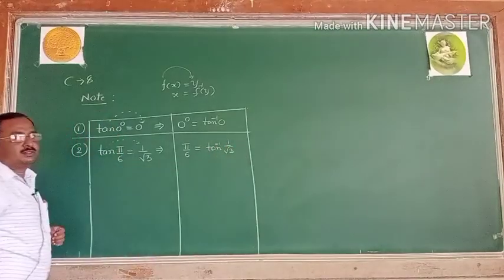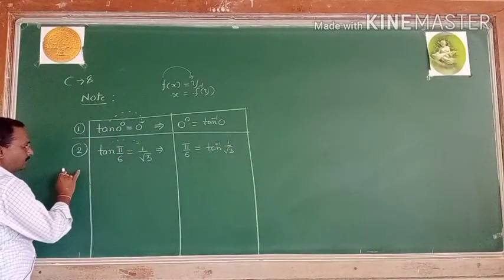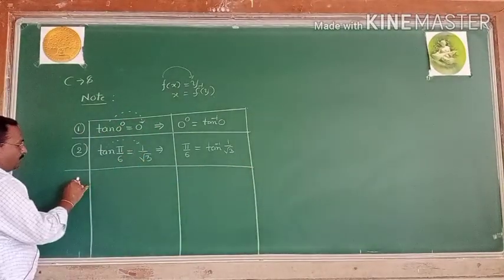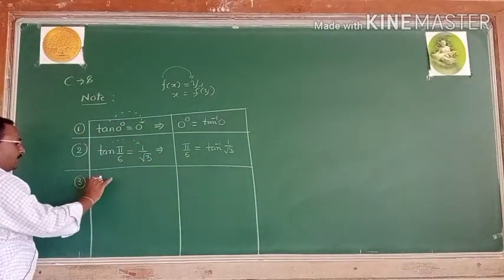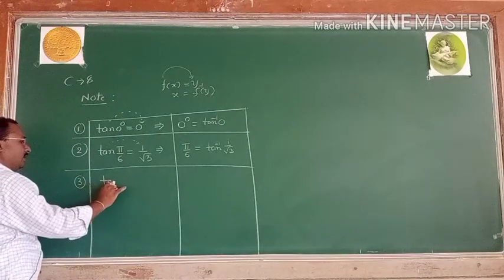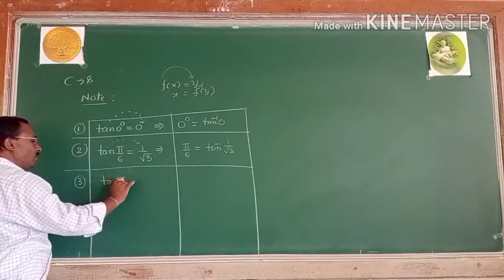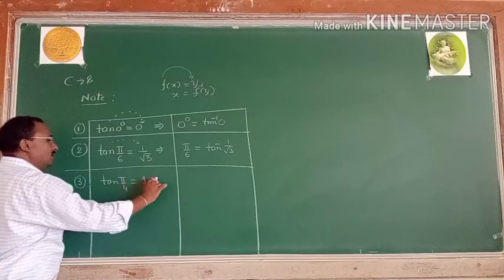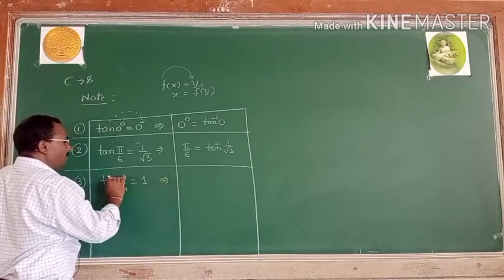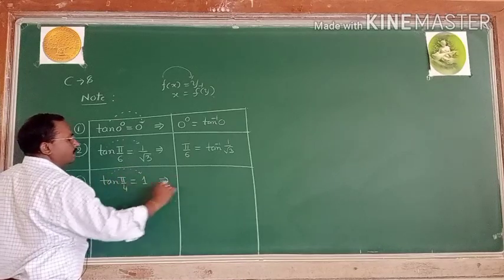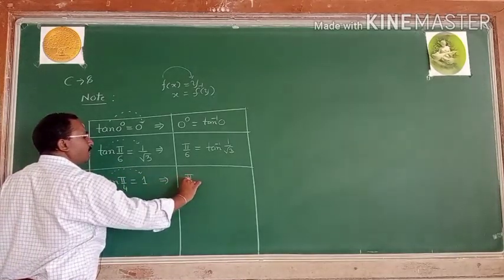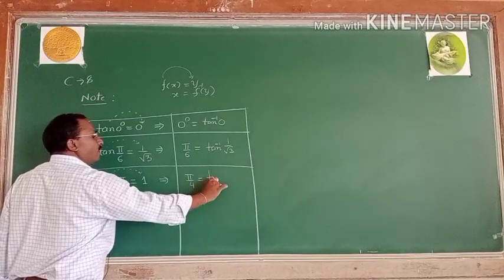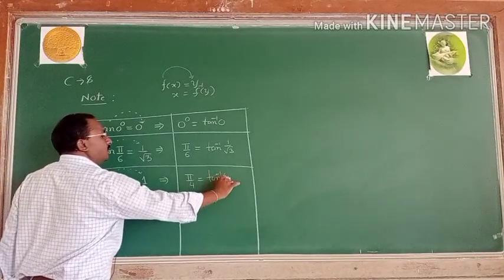Third one: tan 45 degree is equal to 1. This can be expressed as theta, pi by 4, is equal to tan inverse of 1.